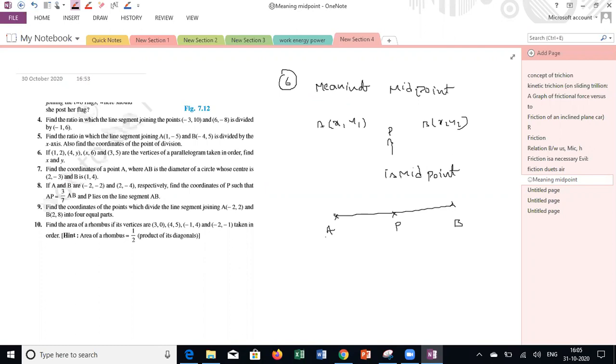When it divides the line into two equal parts, in the sense AP is equal to PB. If AP is equal to PB, then I can say P is the midpoint.